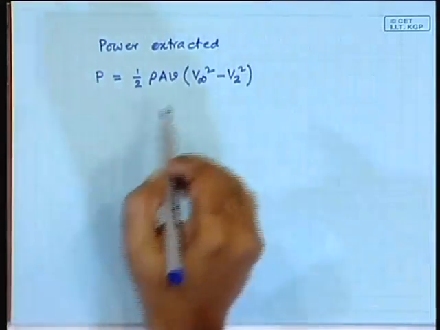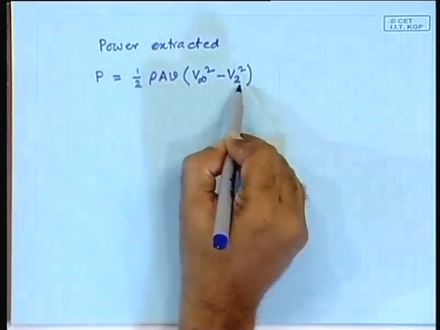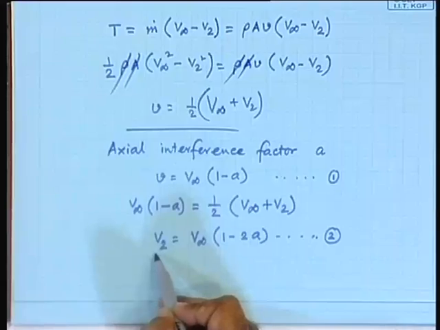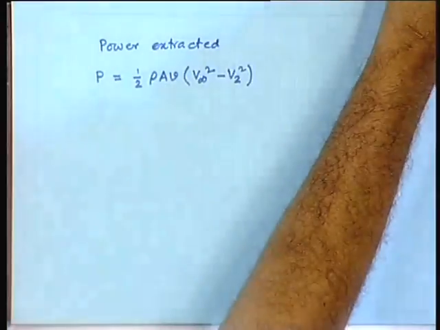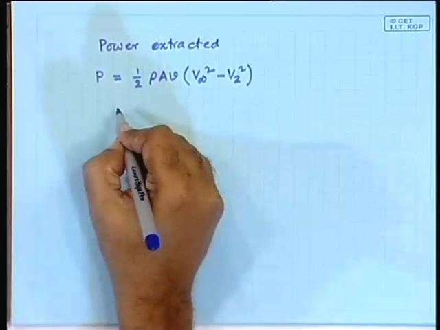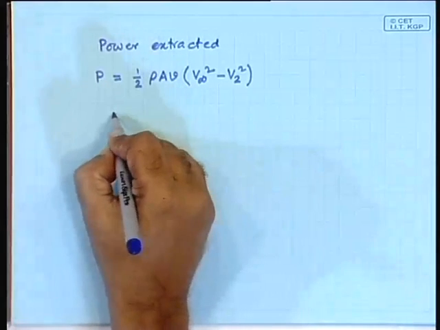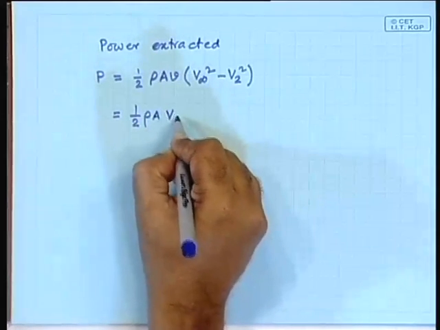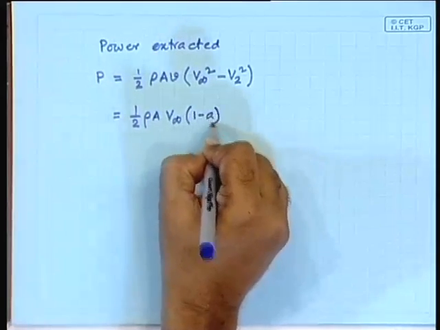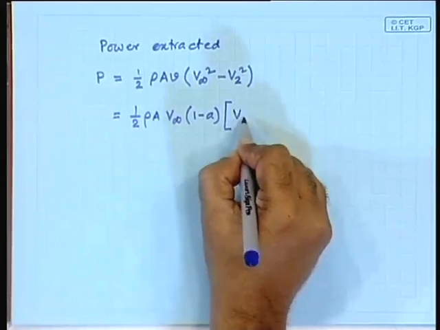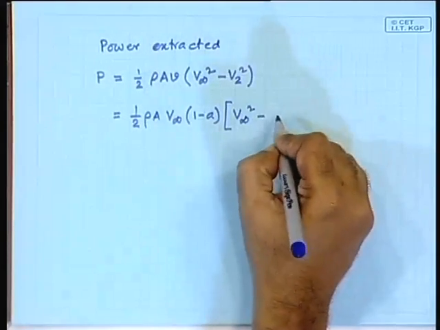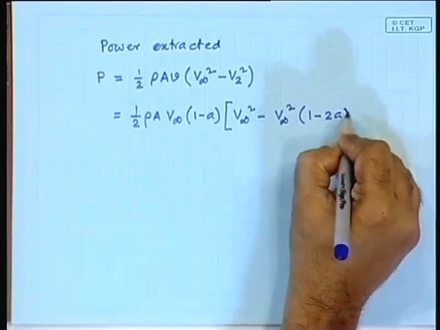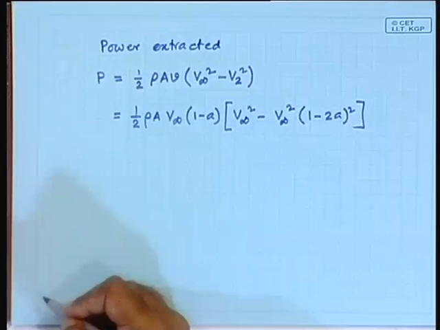Okay. So, what we will do is substitute the expressions we already know for V and V2 into that expression. So, you have half rho A, V is V infinity into 1 minus A, and this is V infinity square minus V2 square, which is V infinity square into 1 minus 2A whole square, right.